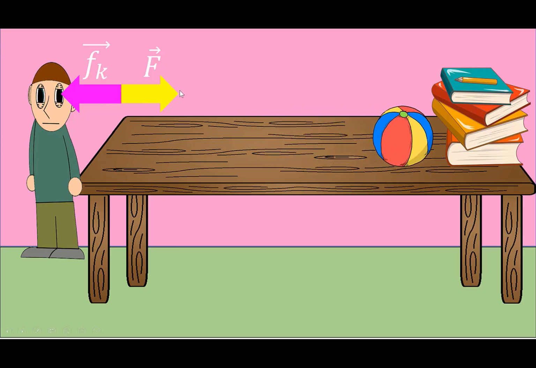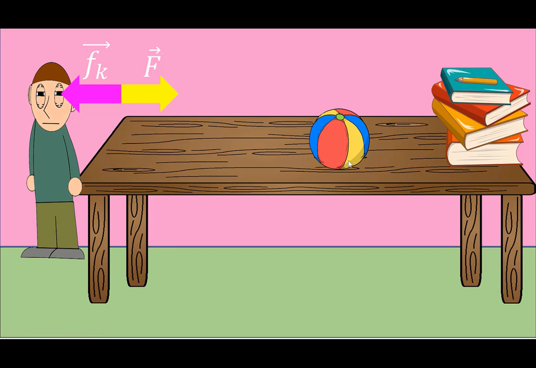So, the net force is 0. When the ball hits the book, it is clearly seen the ball moved to the left and now it stops. It is clearly seen that moving objects do not change their direction unless a force causes them to move from their path.